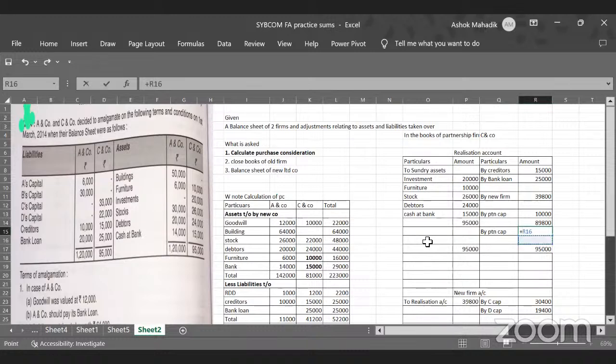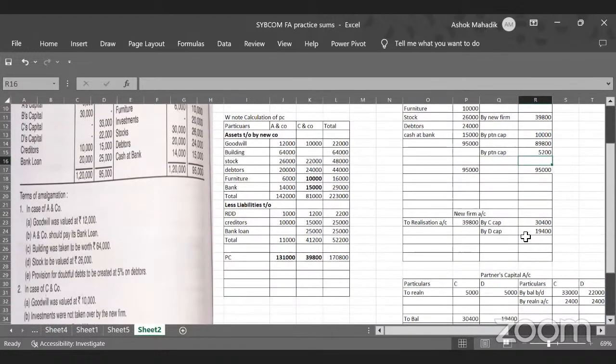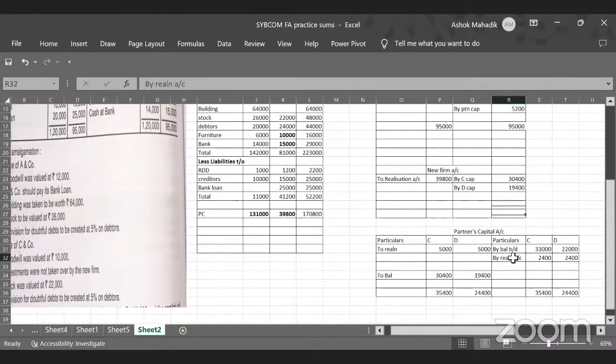The difference will be 95,000 minus 89,800, so loss is 5,200. Okay, so it will come on the debit side, not the credit side. So I'll just reverse this one to realization. How much will be the value? 5,200 divided by 2, 2,600, right? 2,600. Here also 2,600.